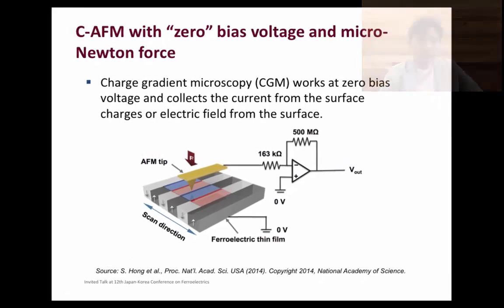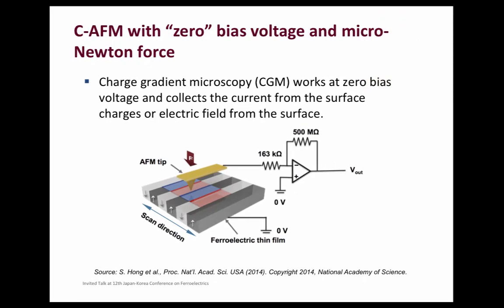Now, the idea came up with Dr. Andreas Reloff, who is now a director at Los Alamos National Laboratory Center for Integrated Nanotechnologies. And you see we were able to use the AFM tip as a means to scrape the screening charge and collect the current to visualize the ferroelectric domain underneath.